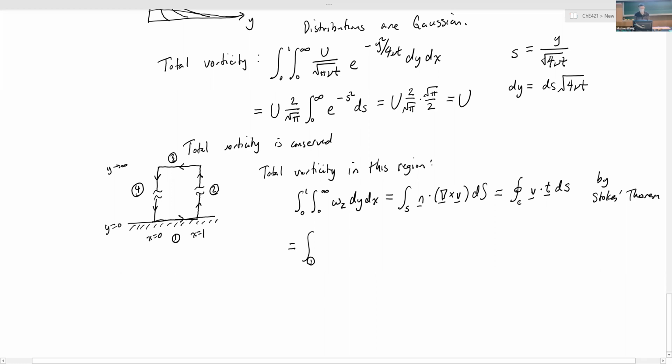Along 1, what we have is v dot, and what's our tangent vector along 1 right here? Any ideas? Jonathan in the room here said e_x, because it's just going in the positive x direction. I'll just say ds right here.